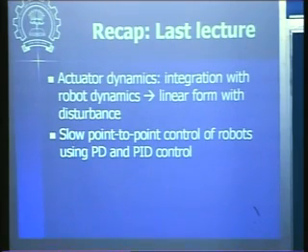That is the first thing that we did, and then we took that form and developed some control algorithms for slow point to point regulation problems. We studied those control algorithms, what a steady state error is, and did some analysis about that.